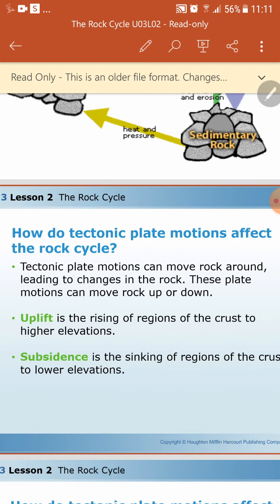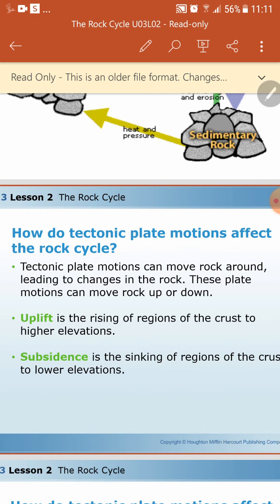We will talk about it in the next unit, inshallah. From this motion, the plates can move the rocks up or down. Over the years, a rock that was very deep in the earth can become up because of the tectonic plate motion.